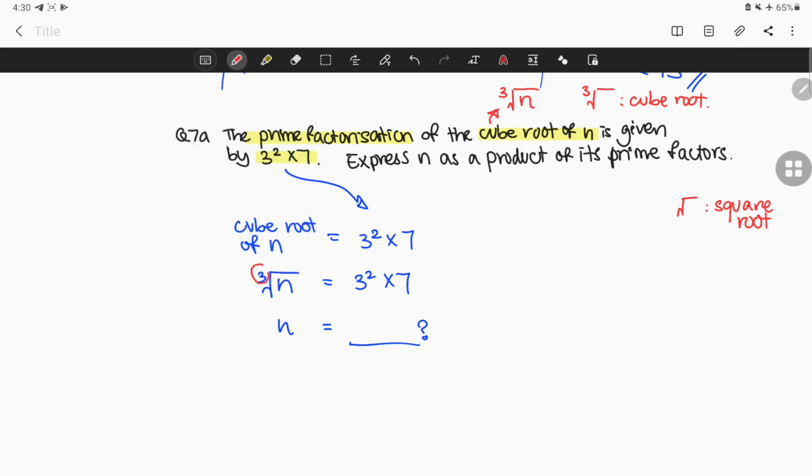Okay, so note that there is a 3 over here. So n would be equal to 3 to the power of 2 multiplied by 3, and this 3 is from here.